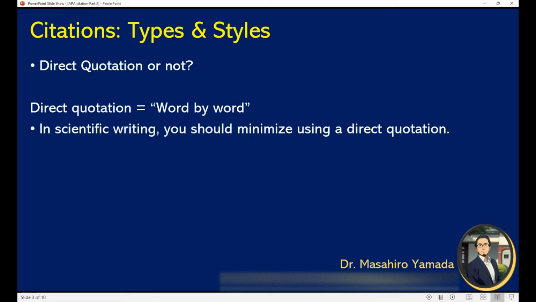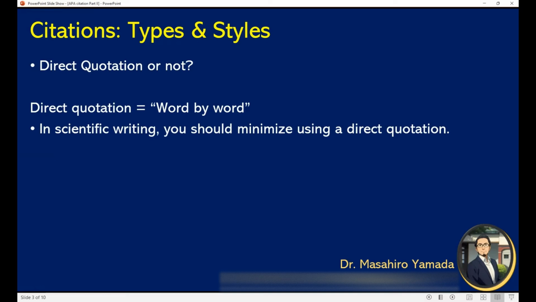There's no originality in your writing, so there's no point in reading your work. If you have many direct quotes, what's the point for readers of reading your work? They could just go to the original source. So direct quotation should be minimized.